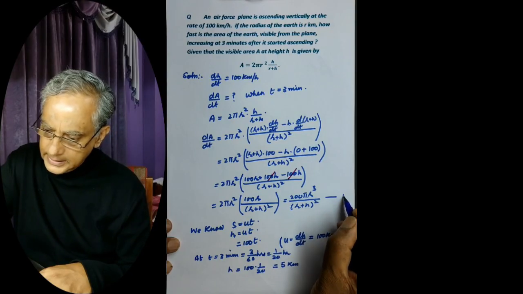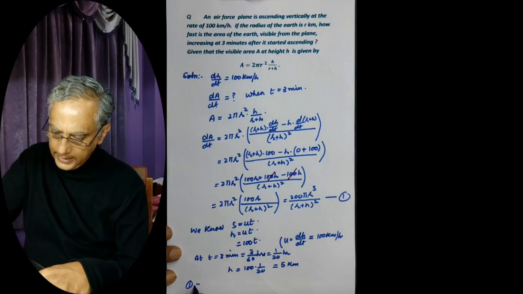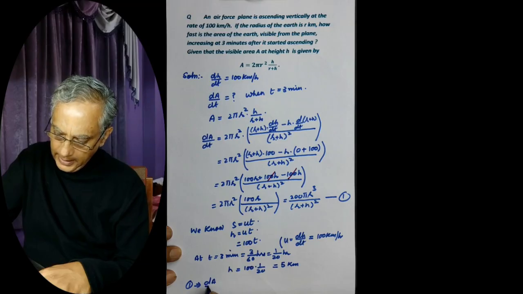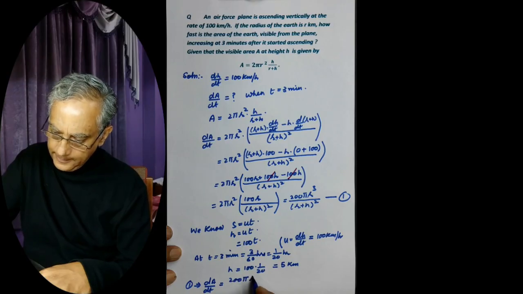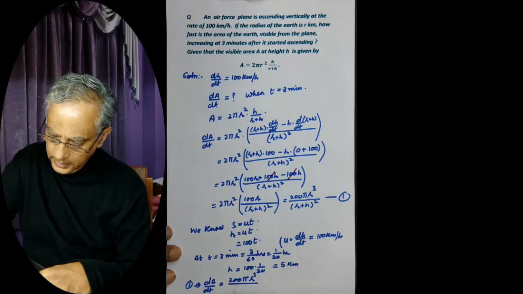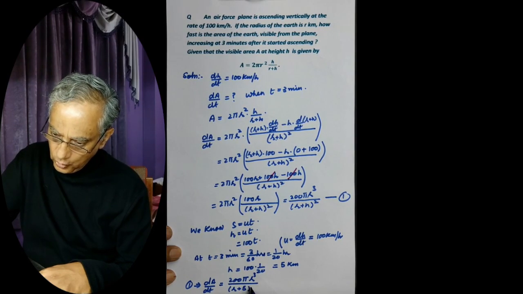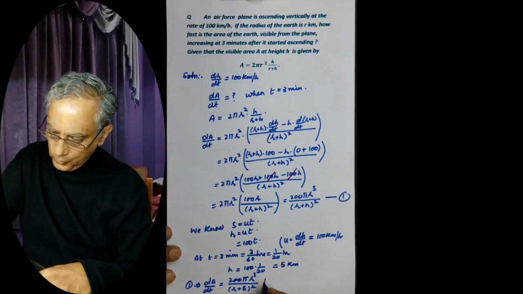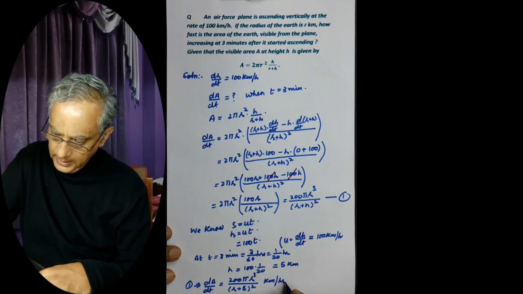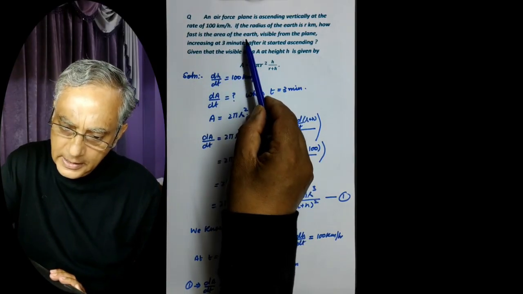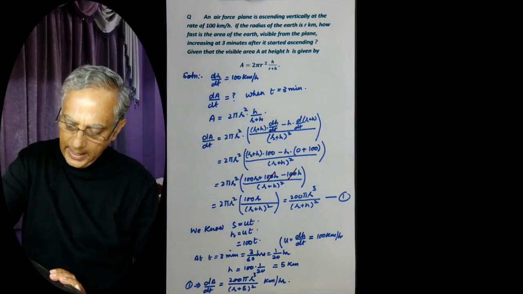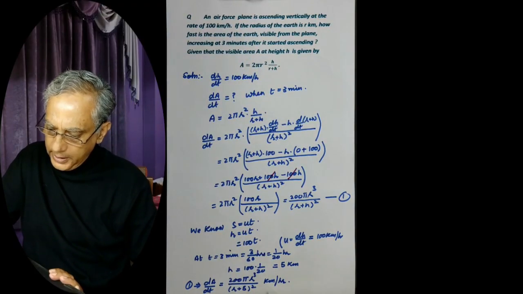So substituting this in 1, dA by dt is equal to 200 pi r cube divided by r plus 5 whole square kilometers per hour. This is the rate of increase of the area visible at t equal to 3 minutes.